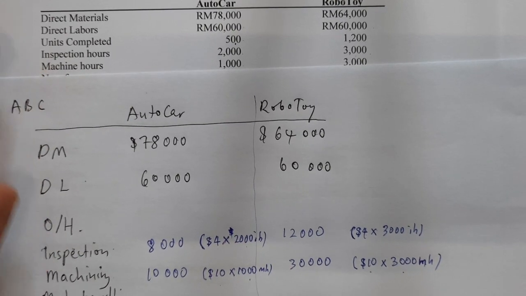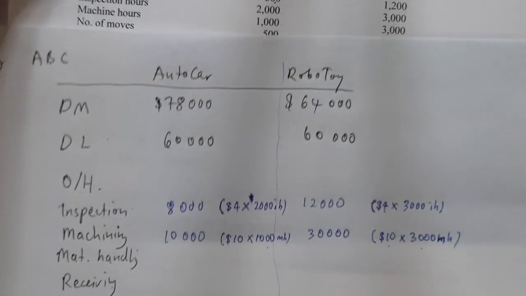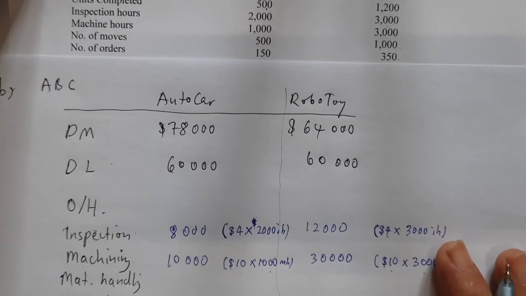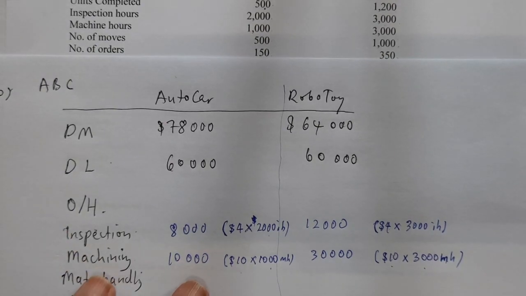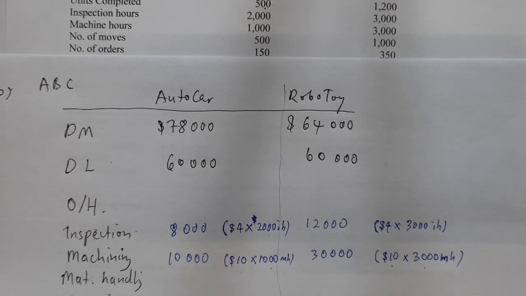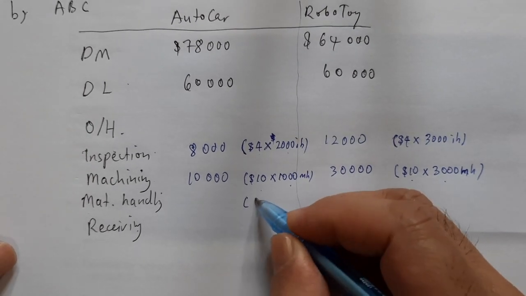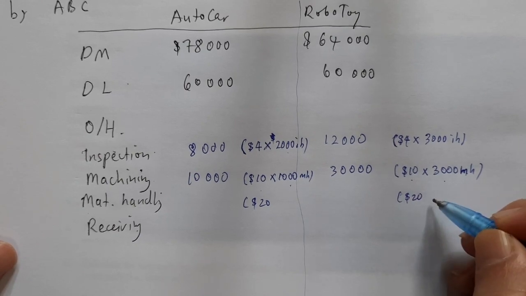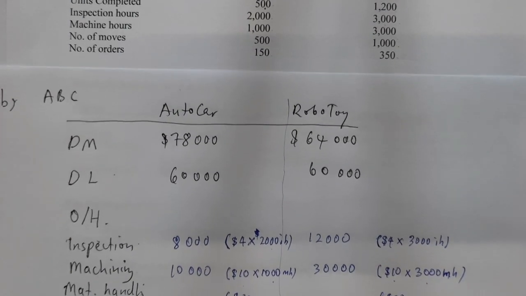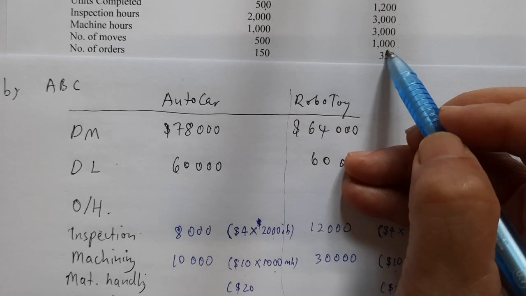Okay, material handling. Remember material handling. The rate is $20 per number of moves. Okay, how many moves? Material handling, 500 moves and 1000 moves.